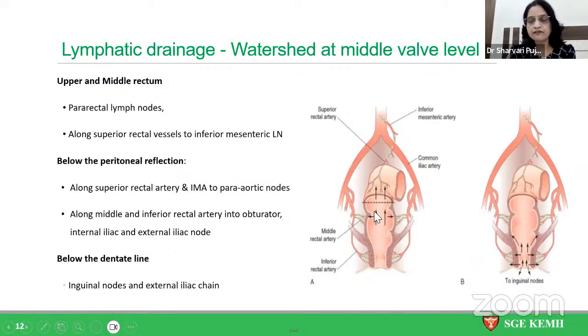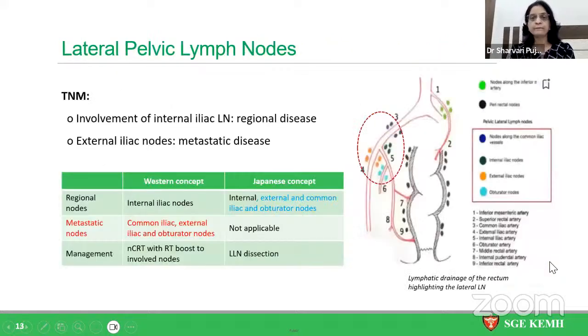Majorly it drains upwards along the superior rectal artery to the IMA and para-aortic nodes. However, some part also drains laterally along the middle and inferior rectal arteries, and then goes to the internal and external iliac groups of lymph nodes. And below the dentate line, it goes to the inguinal group of lymph nodes.